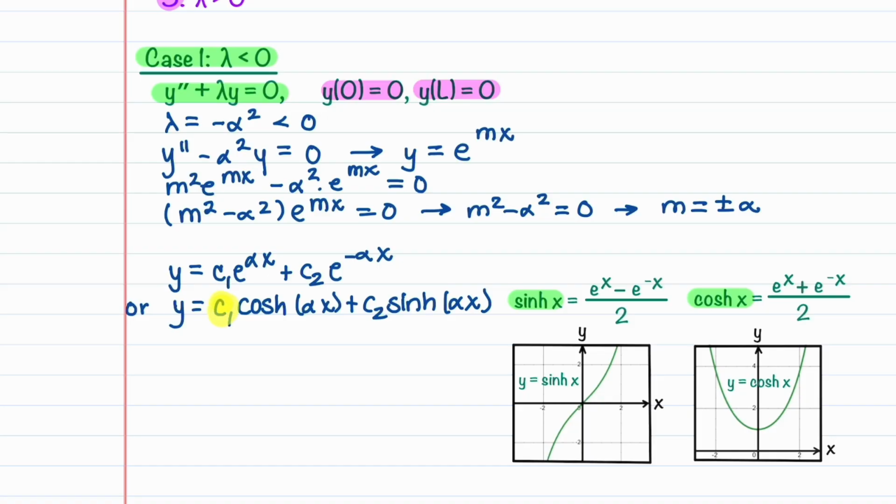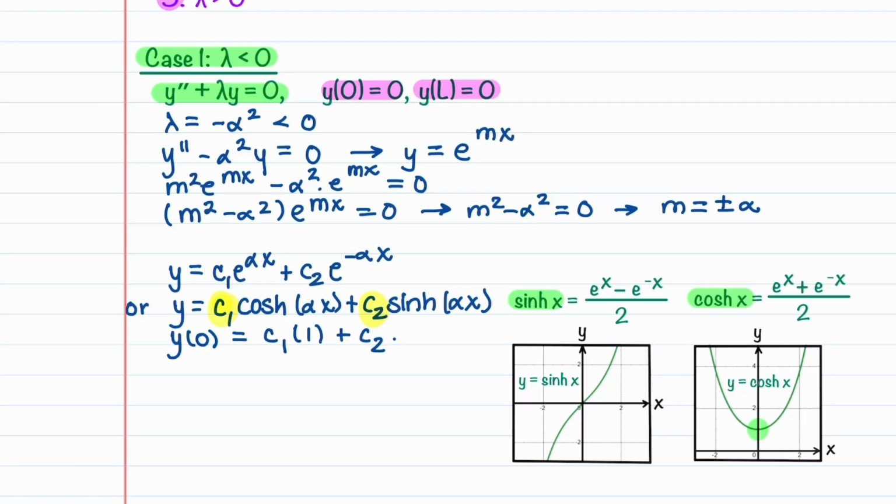Let's now find C1 and C2. We're going to use the boundary conditions to do that. Let's find y at 0. That is going to be C1 times cosh of 0. Cosh of 0, if we look over here on our graph, is equal to 1. So we'll put a 1 here, plus C2 times sinh of 0.